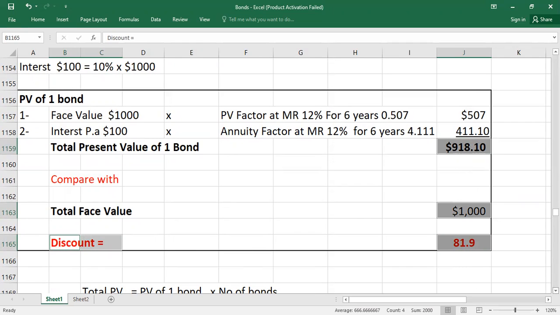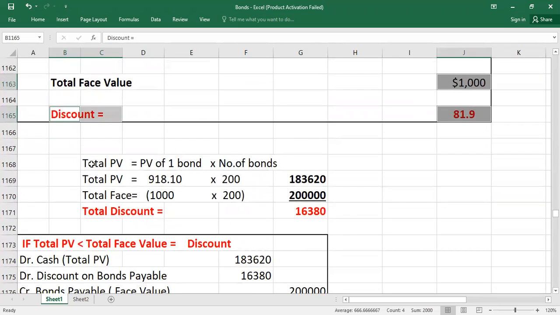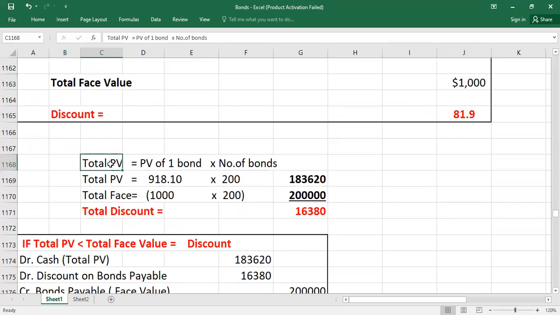So now if you want to convert your calculation into totals, what you can do: to calculate the total present value, I take the present value of one bond multiplied by the number of bonds. You remember the present value of one bond is $918.10. You will multiply with the number of bonds, which is 200.